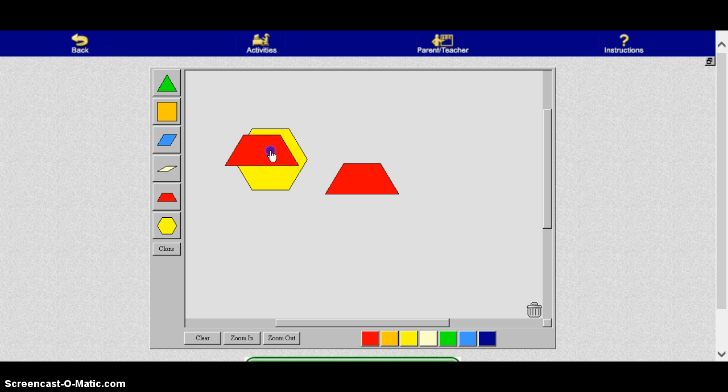I can overlap it to be able to see a little bit clearer that I can make a hexagon out of 2 trapezoids. Does that work? Yes. I can see that this hexagon can be broken up into 2 trapezoids. So it can be decomposed into 2 trapezoids.